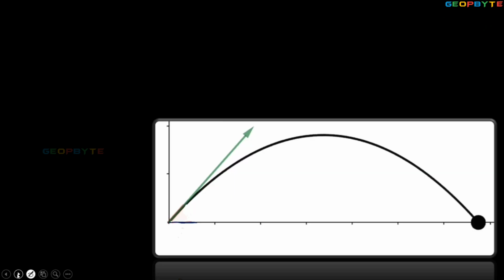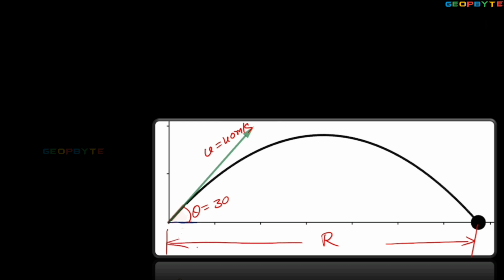Look at the diagram. This is theta given 30 degrees, u given 40 meter per second, right? Here the horizontal range is R. The time of flight we decided is 4 seconds. Then it is asking what is the velocity at t equal to 2 seconds, right?